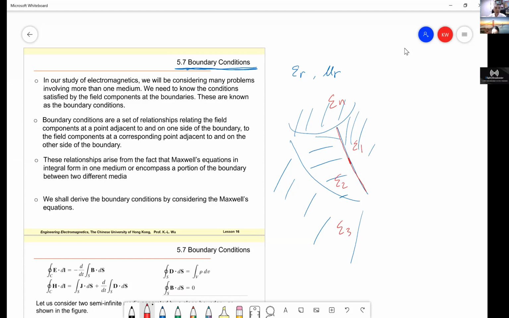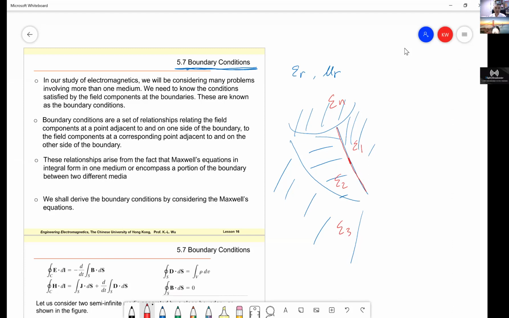This is a very important question. If we don't know this, we cannot enforce such a rule in solving electromagnetic problems. We can never get a solution.